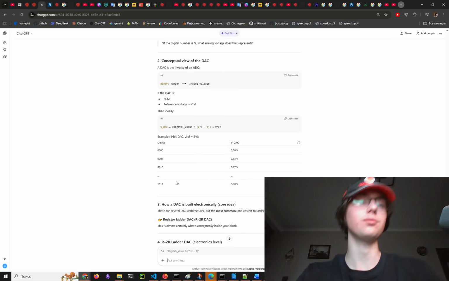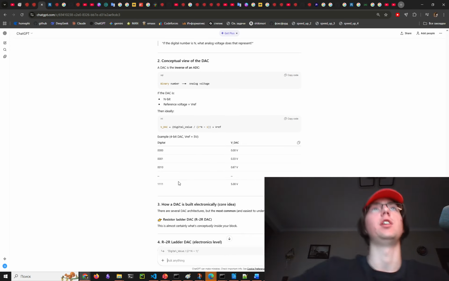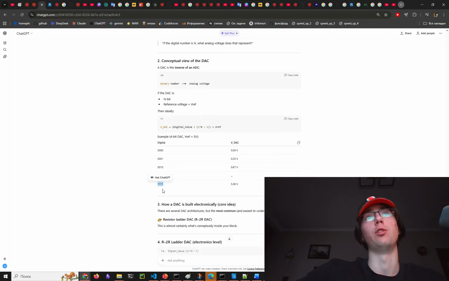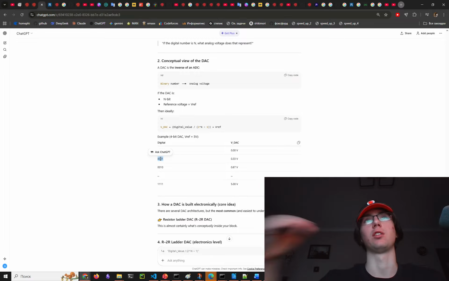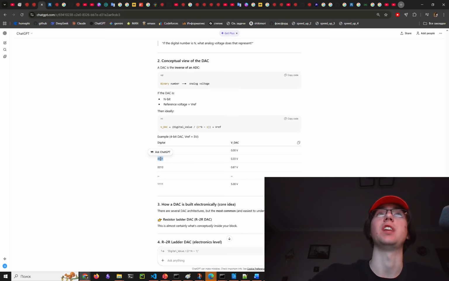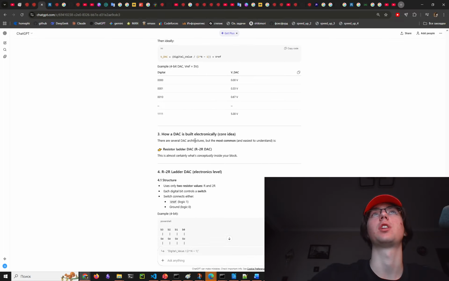If we reach the maximum value, which is 2 to the power of 4 minus 1, so it's 15, and we divide it by 2 to the power of 4 minus 1, we get 1. So V reference is actually 5 volts, and all of these are just incremental percentages of V reference, something like that.